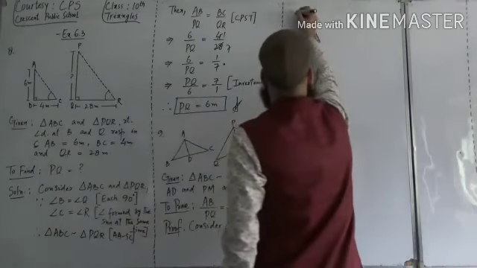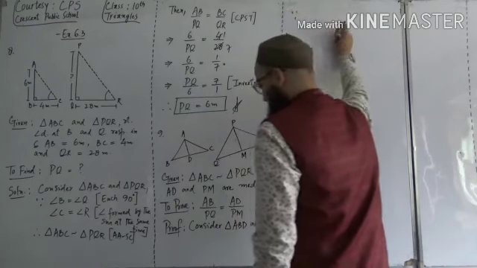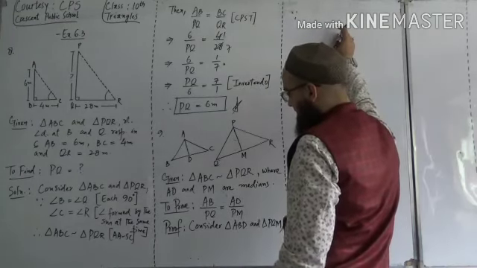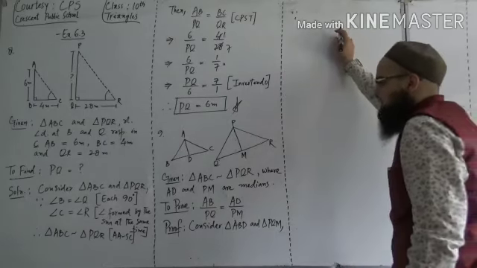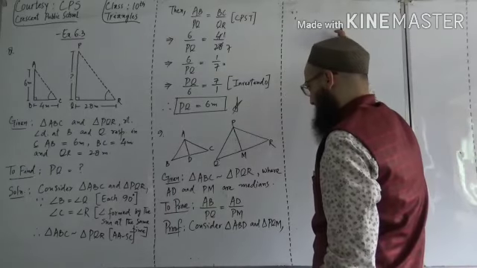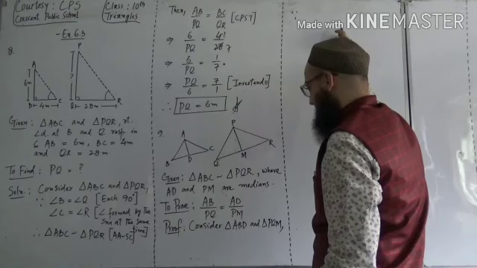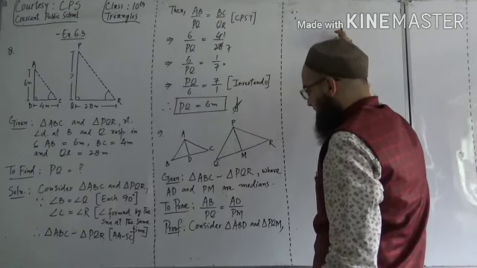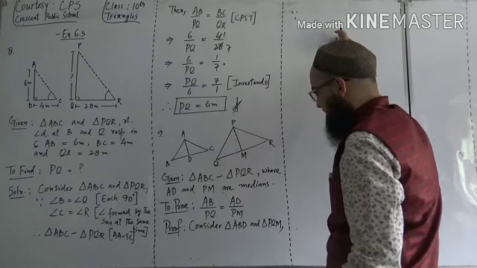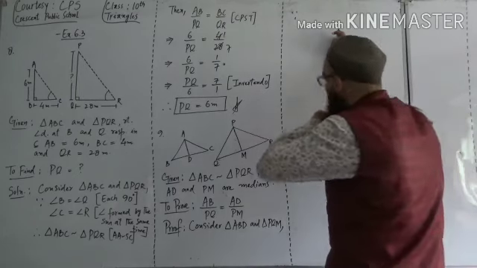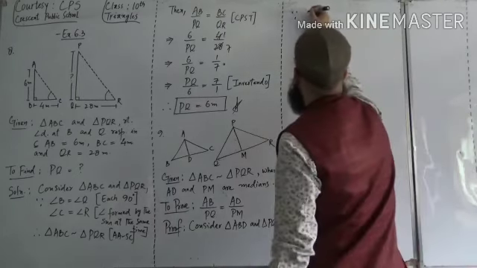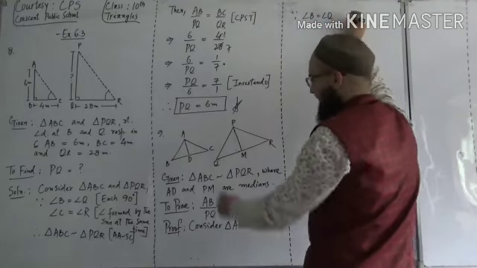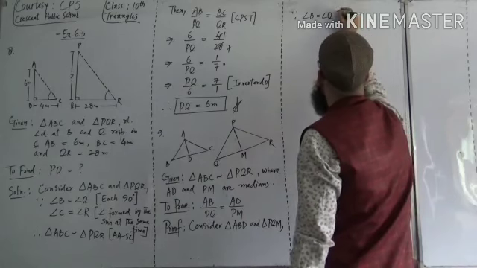What you have in these two triangles: angle B is equal to angle Q. Angle B is equal to angle Q. Why?